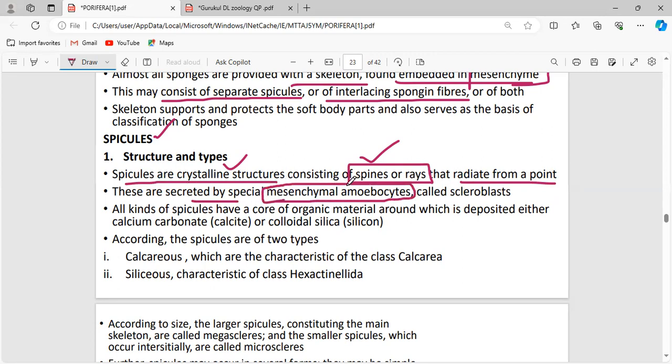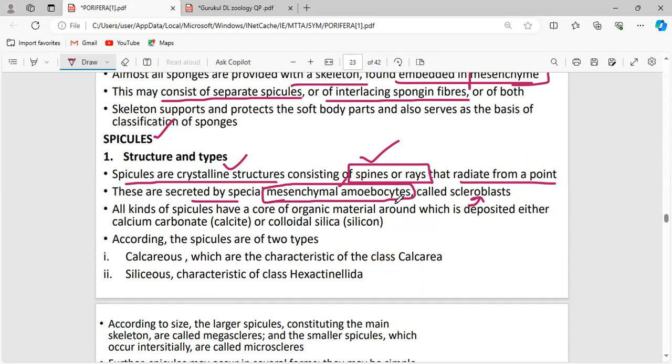The purpose of these amoebocytic cells is that they give rise to the scleroblasts, and from these scleroblasts, spicules arise. Don't forget this statement, a very, very important statement. They are secreted by the mesenchymal amoebocytic cells, and these amoebocytes produce the scleroblastic cells, and this scleroblast is the one that gives rise to the spicules.